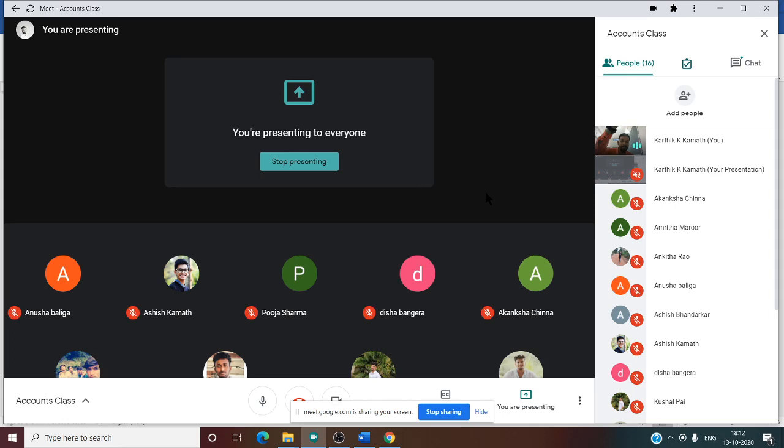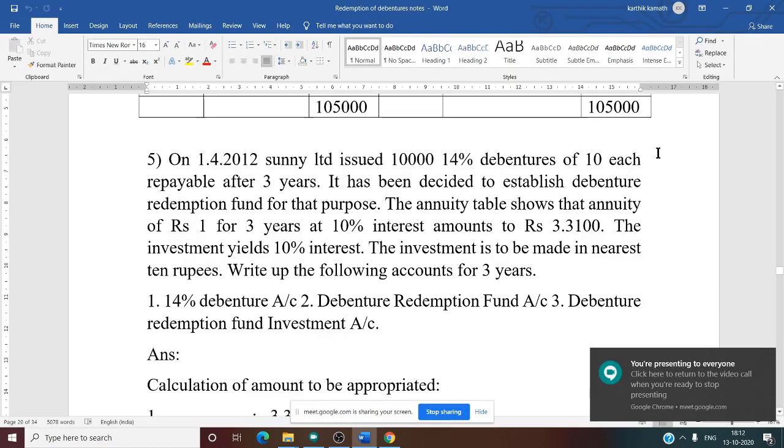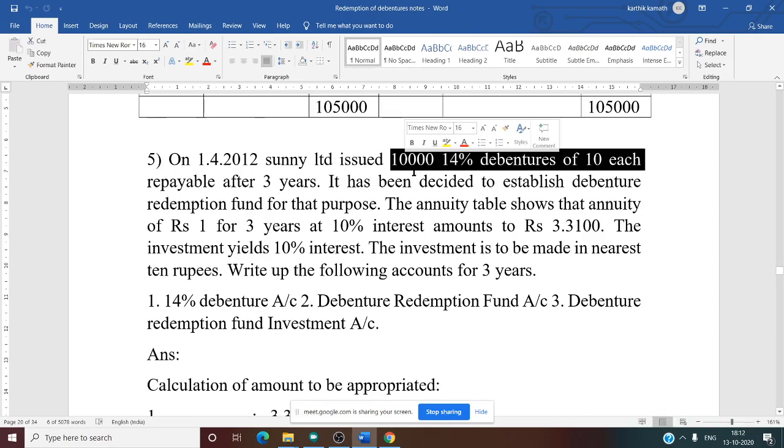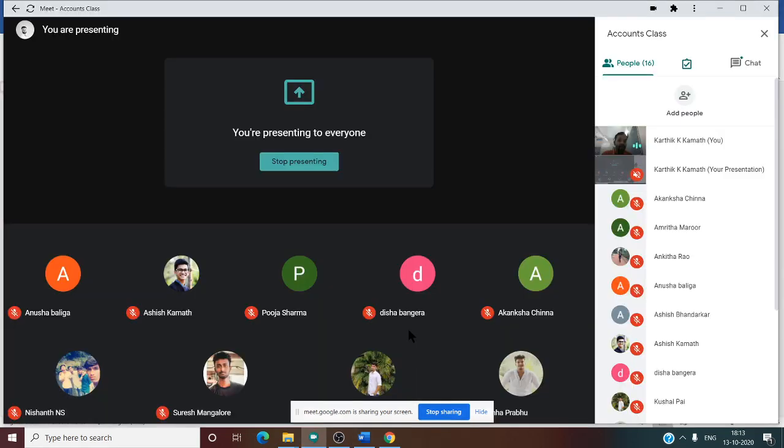That is your answer. If you write 1 lakh here, under 1, see this. But our amount itself is 1 lakh. Then how can you set aside an amount more than 1 lakh? Suppose you are getting 3 lakh 31,000, then how can you set aside that amount from the P&L account every year? That is not possible. So that is why we are writing it under the greater side.